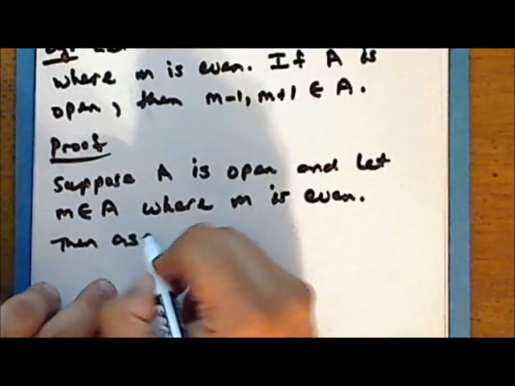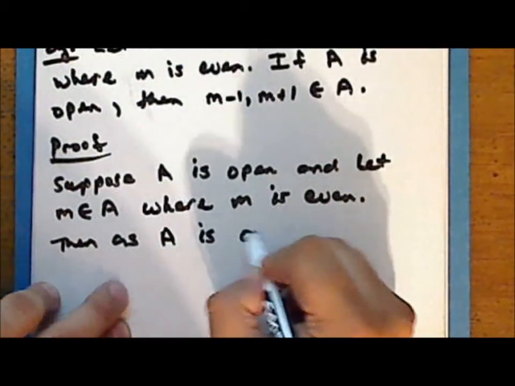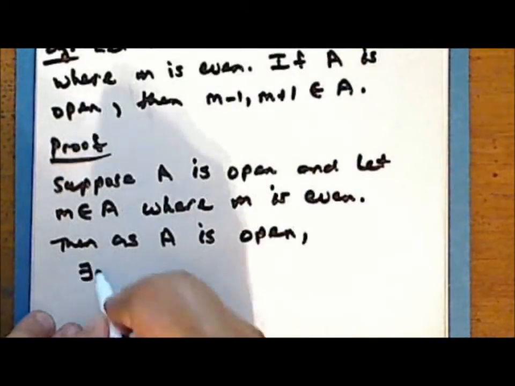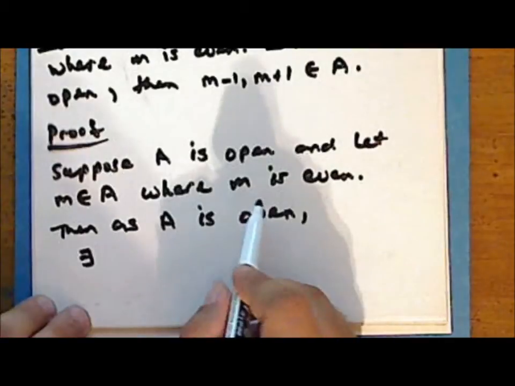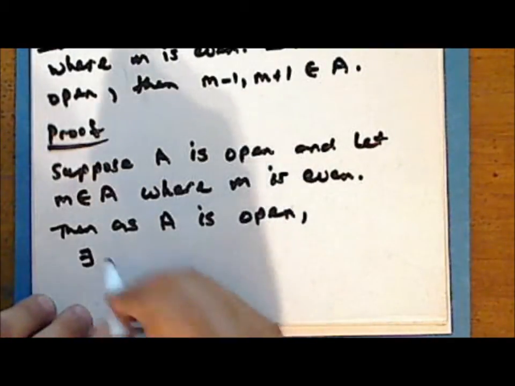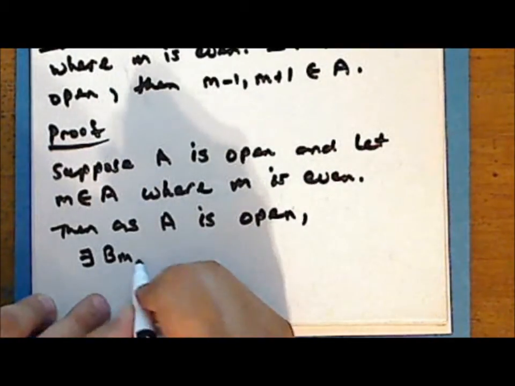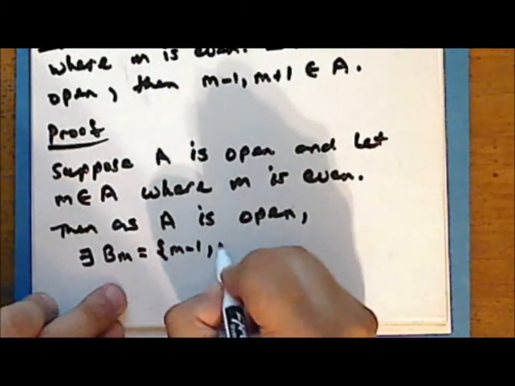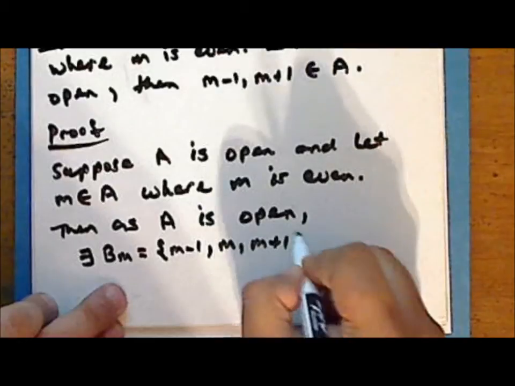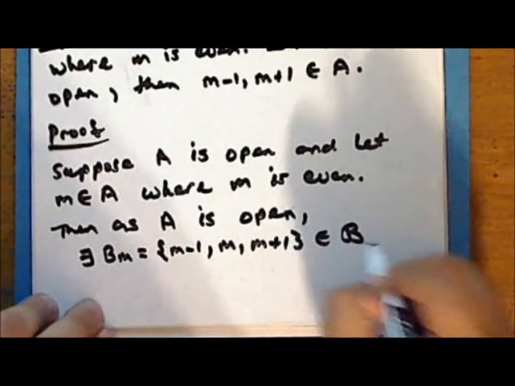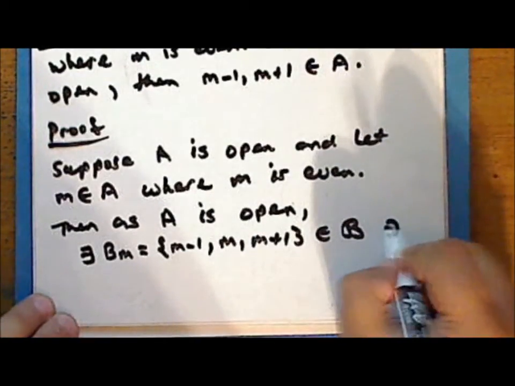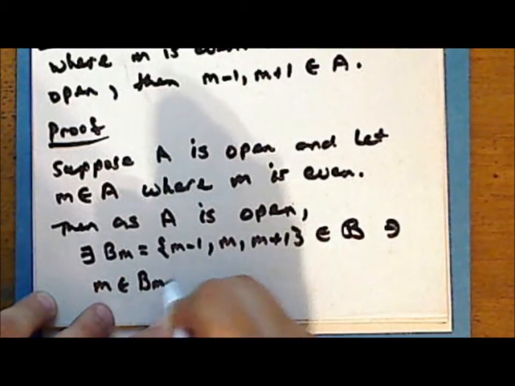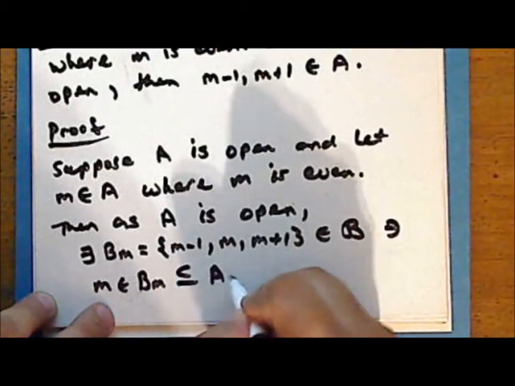Then, as the set A is open, there exists a basis element containing the point m, which, as it is even, the smallest such basis element is the basis element b sub m, which is the 3-point set m minus 1, m, m plus 1, in the basis script B, such that the point m is in this basis element, which is a subset of the given open set A.